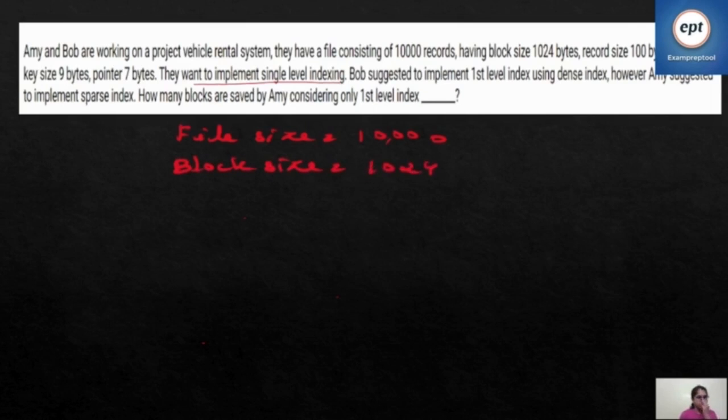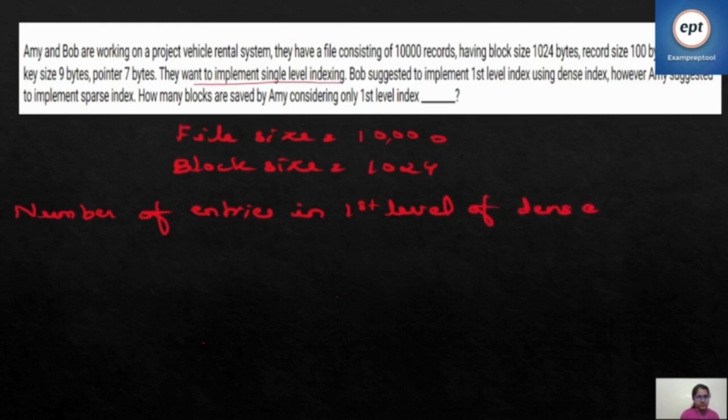Now they are asking the number of entries in the first level of dense index equals the number of records in file.